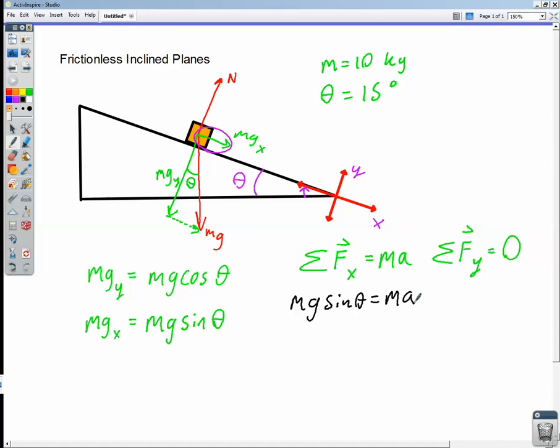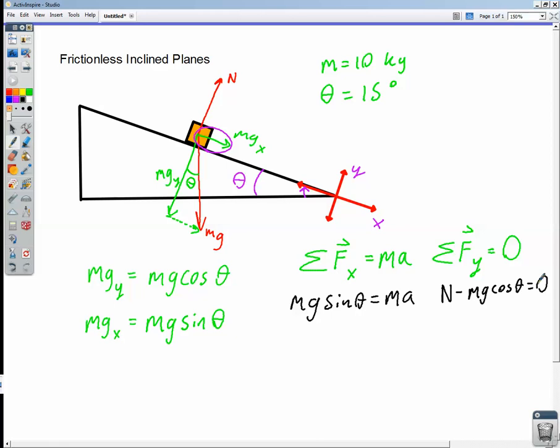And as for our y forces, we have the normal force going up in the positive y direction, and we have mgy going down. So we can say the normal force minus mg cos theta is equal to 0.